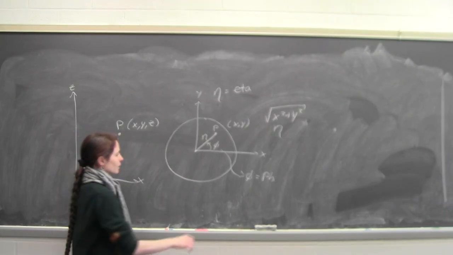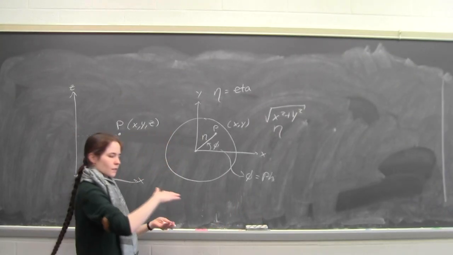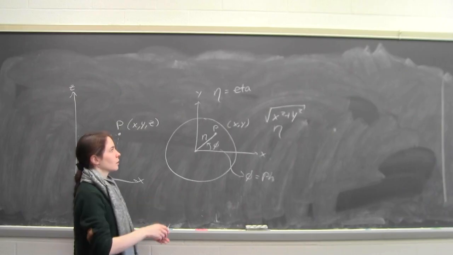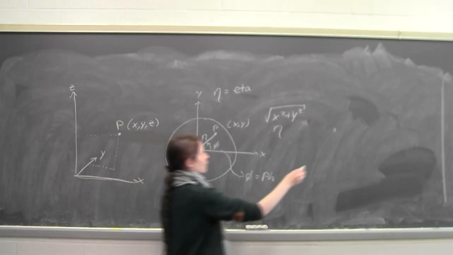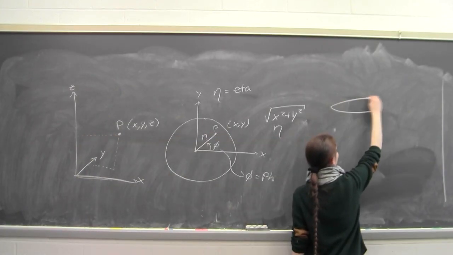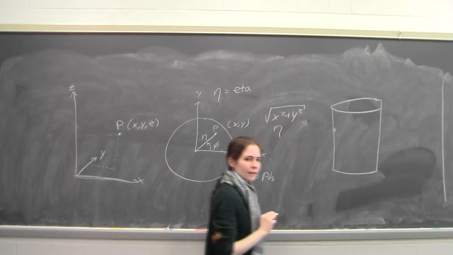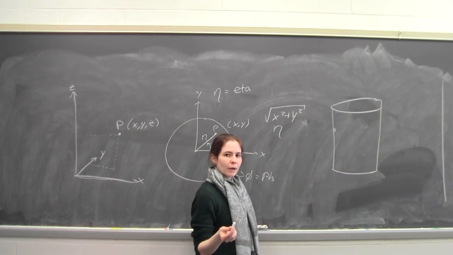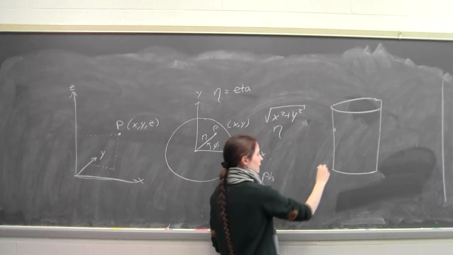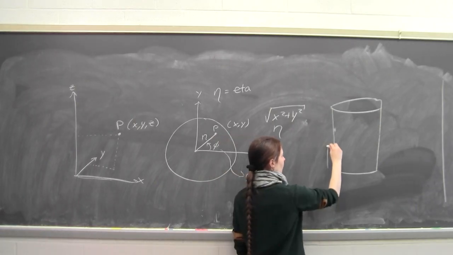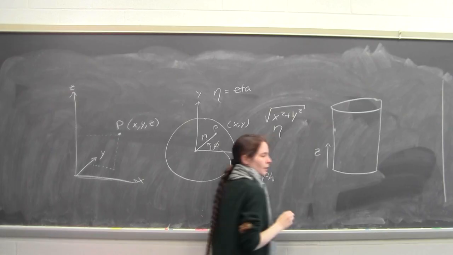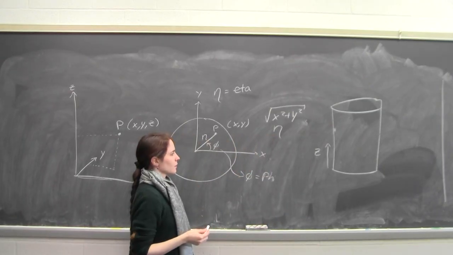But also, if we wanted to think about, instead of just a circle, which is a cross-section through a cylinder, an actual cylinder that also has a height, then we would want to add one additional coordinate, and that would be z. So the distance that you are within the cylinder.